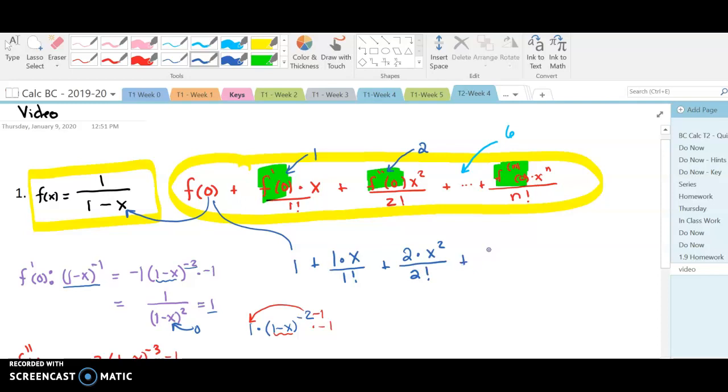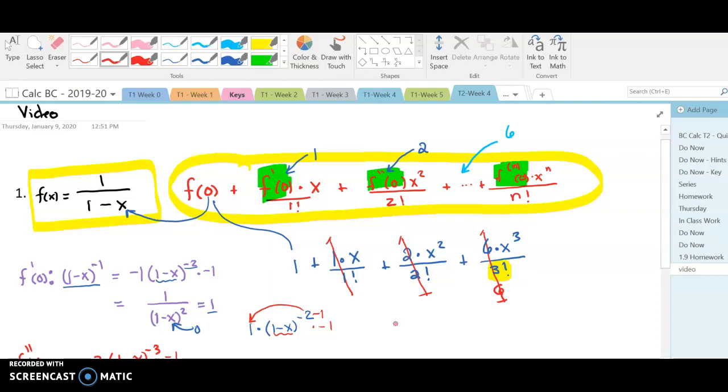Plus the third term would be 6 times x cubed over 3 factorial. Well, it turns out that 3 factorial is just 3 times 2 times 1, or 6. So those make 1. 2 factorial is 2. That makes 1. That's 1.